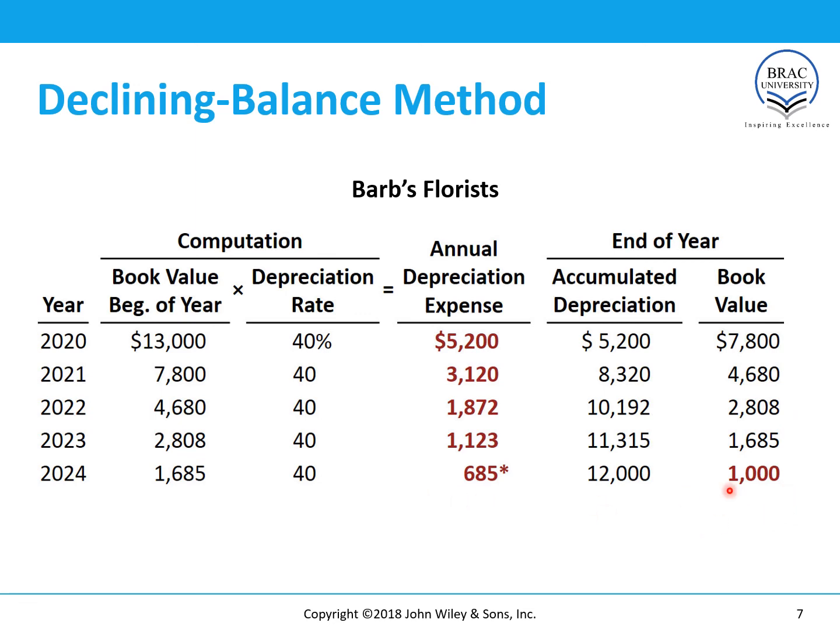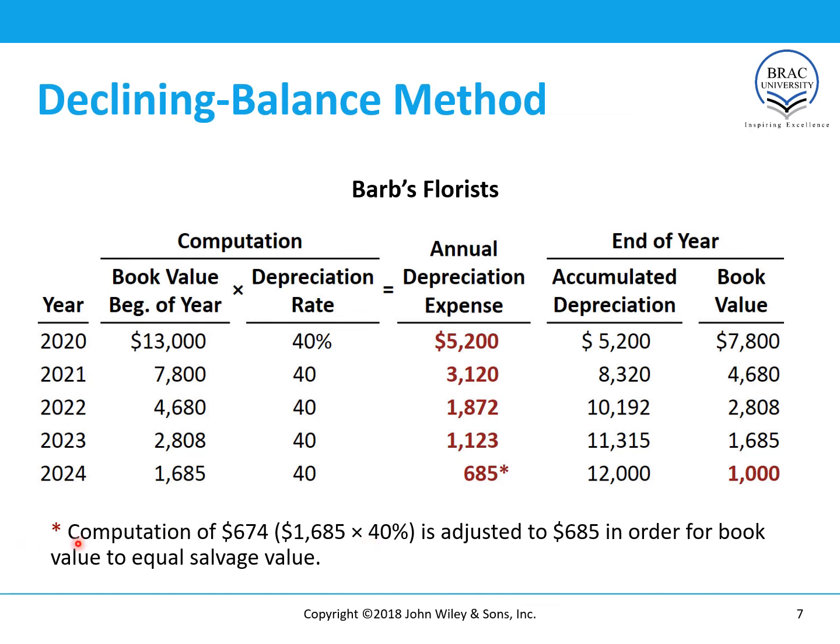And in the last year, as we have said, the depreciation calculation ends when the book value is equal to the salvage value. You can see that that is what has been done. However, in the last year, when we multiply 40% with the beginning balance of the 2024 book value, we get a figure that is somewhat different from what we have here.